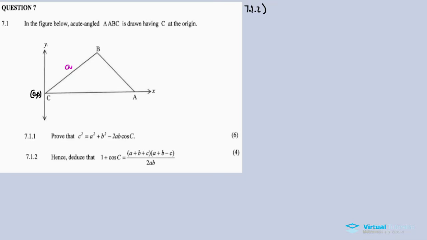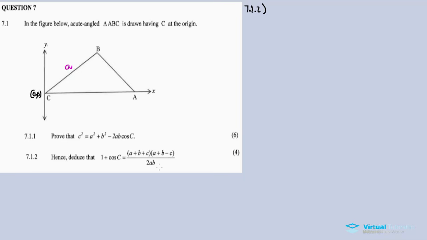Hence deduce that 1 plus cos C is equal to this expression. Now we are still going to use the cosine rule. Why? Now cos C, now cos C. A plus B plus C. A now, B now, C.